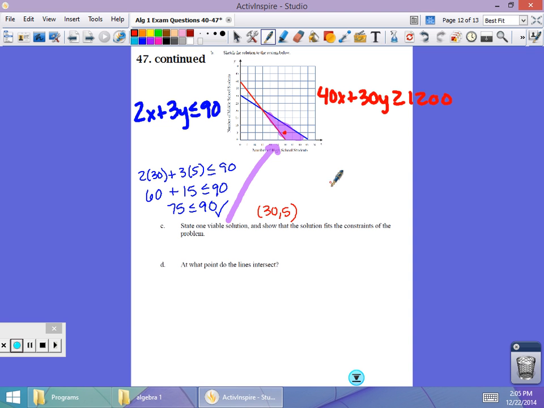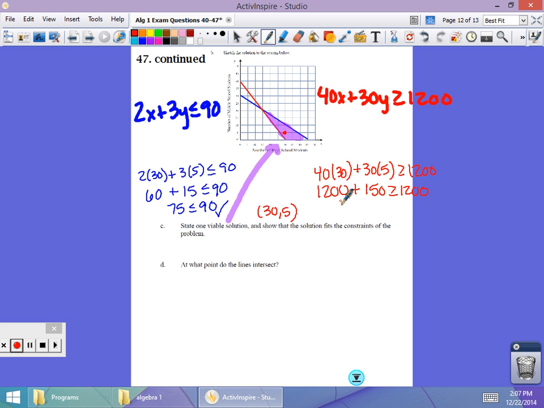Let's plug 30, 5 into the second inequality. 40 times 30 plus 30 times 5 is greater than or equal to 1200. 40 times 30 is 1200. 30 times 5 is 150.